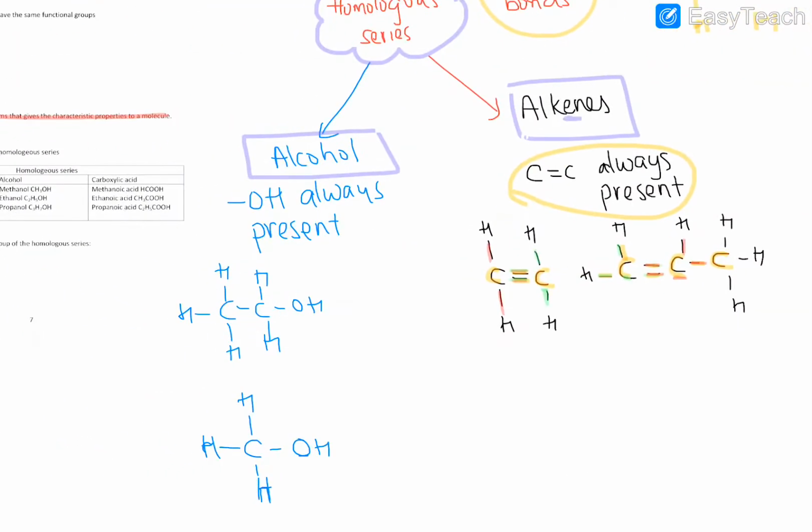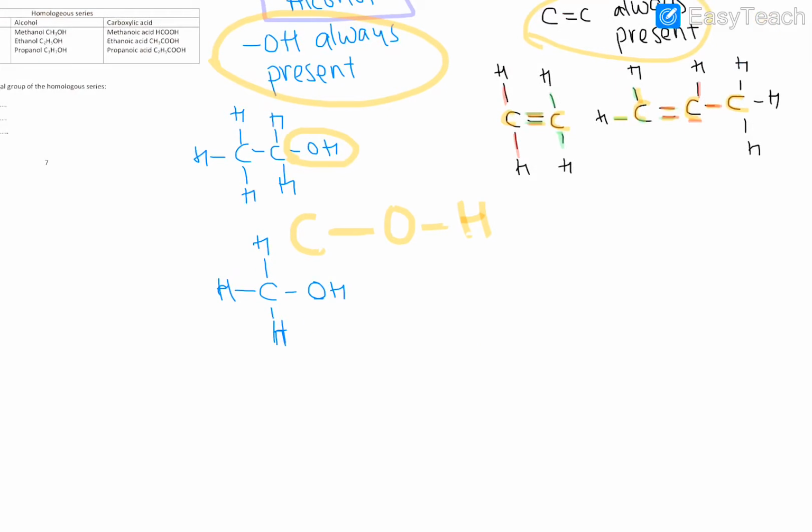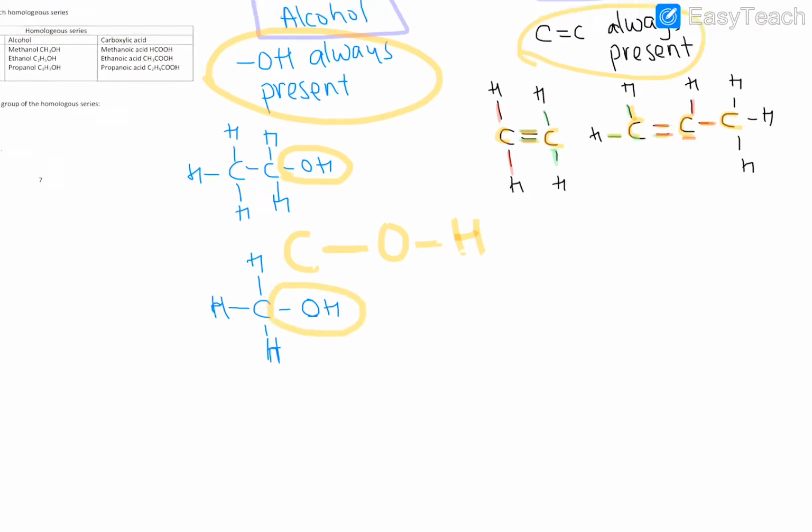Now, alcohol is another family, and in alcohols, there's always going to be OH present. So O is bonded to H, and that O is going to be bonded to something else, usually to a carbon. So you see, this is an alcohol because it has that OH functional group. Here it has that OH functional group, so it is an alcohol.